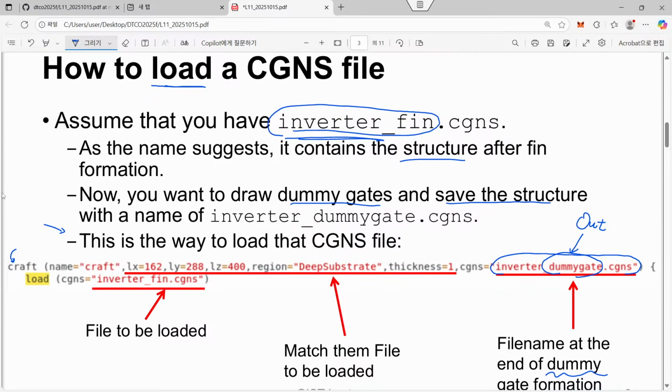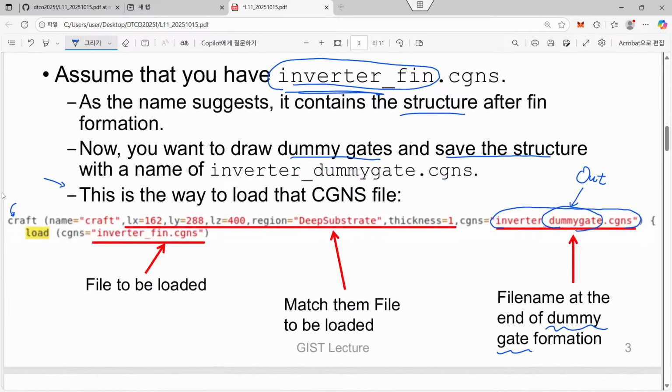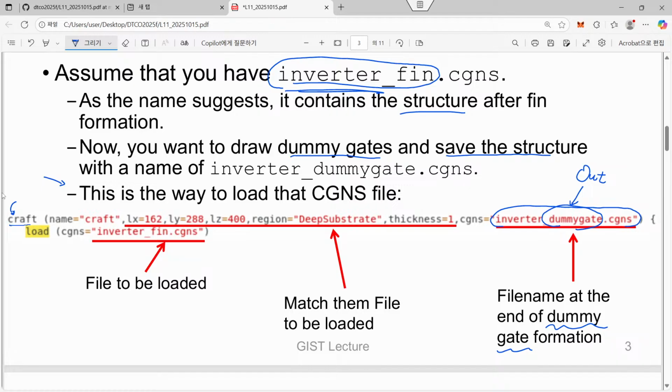In this case, inverter_fin.cgns. Just beneath this craft statement, please add this load statement and specify its name in this way. Then the file will be loaded.